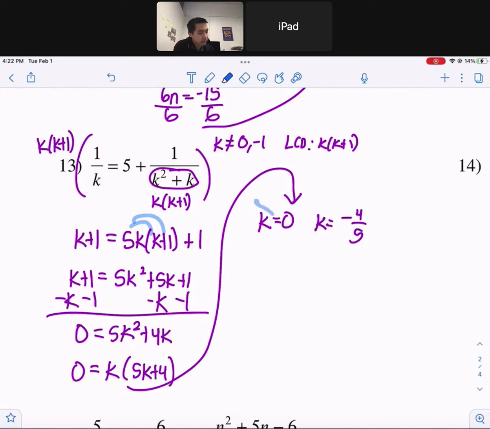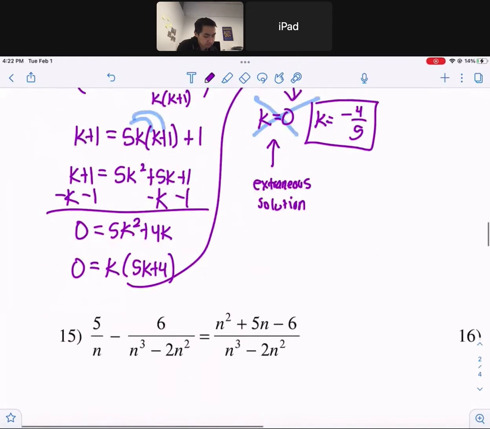This means this cannot be an answer. This is what we call an extraneous solution. It's a solution we get from the process, but it's not a solution to our problem. So the only answer we're going to submit is k equals -4/5.